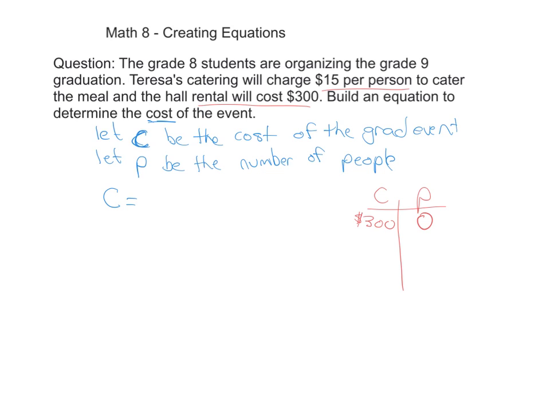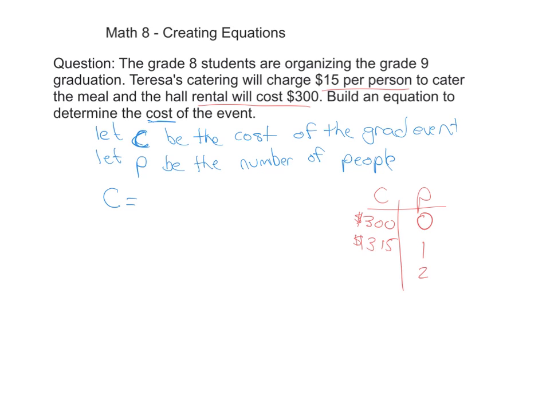Let's think about this again. Let's say there's one person here. The caterer's charging $15 per person, so that'd be $15, plus the hall rental, which will still be $300. So $15 for food, $300 for the rental. We're going to get $315.